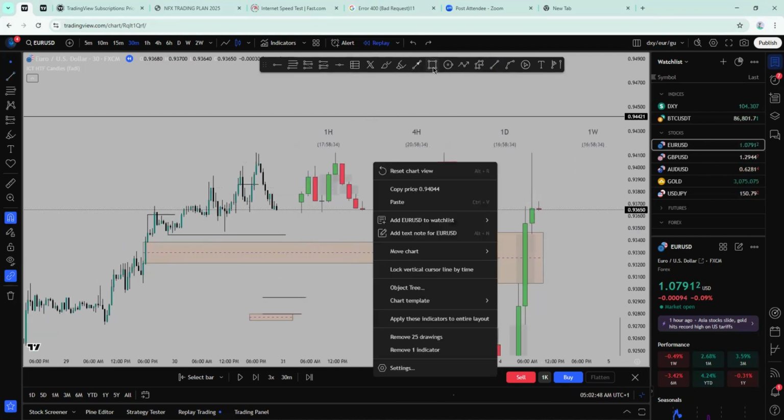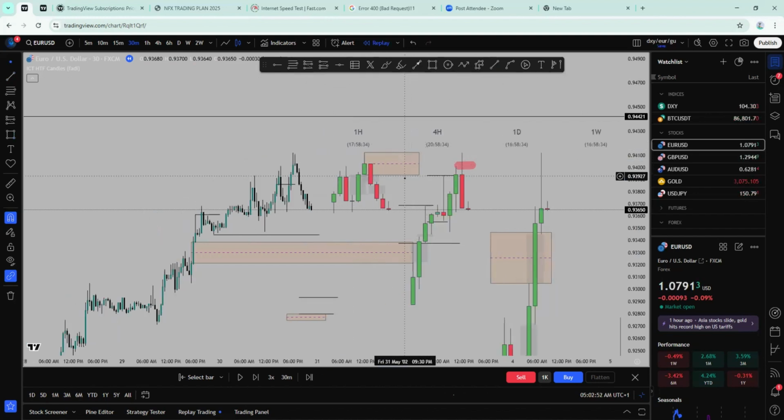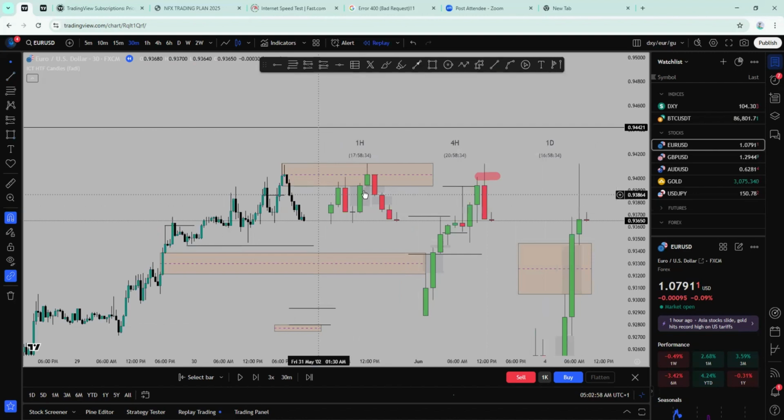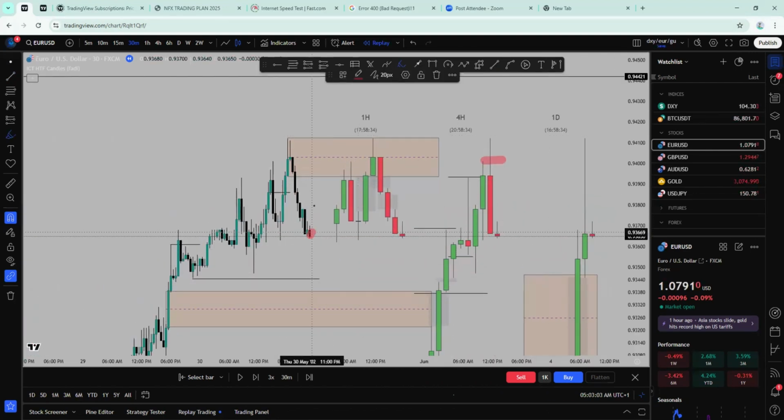Looking at the 4-hour and the 1-hour time frame, we have a beautiful order block here, and the order block aligns with this 30-minute order block here. Maybe if price pulls back up to this area and gives us an entry, we can now sell to target this.